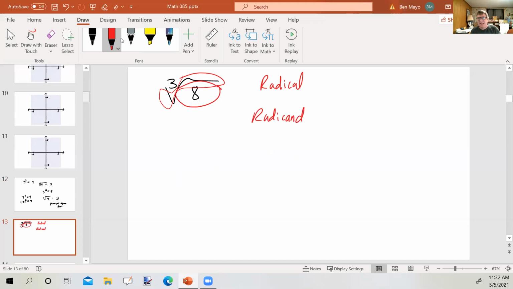So the radicand is inside the radical. And finally, this number is called the index, which tells us which root we're going to take. In this case, the third root or the cube root.